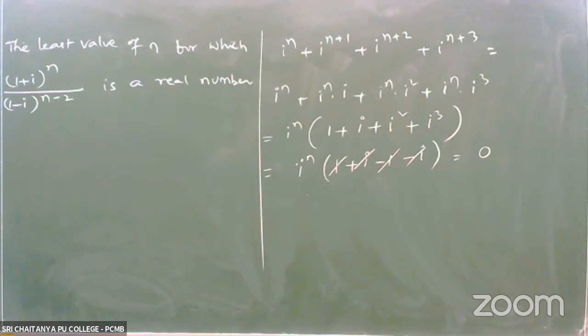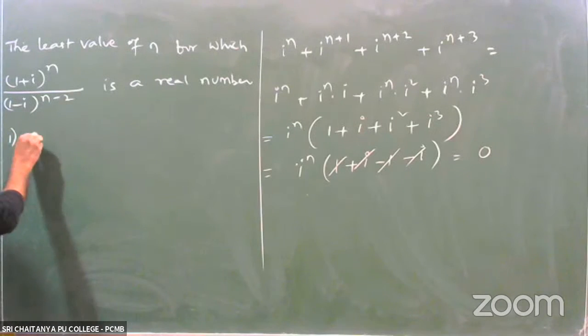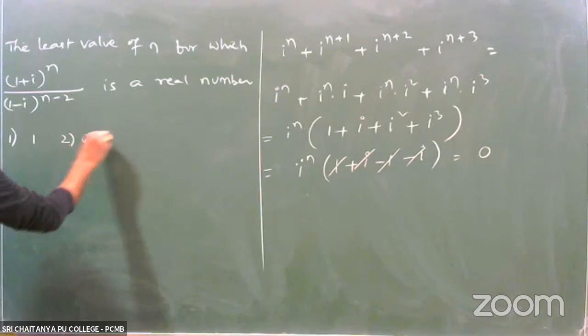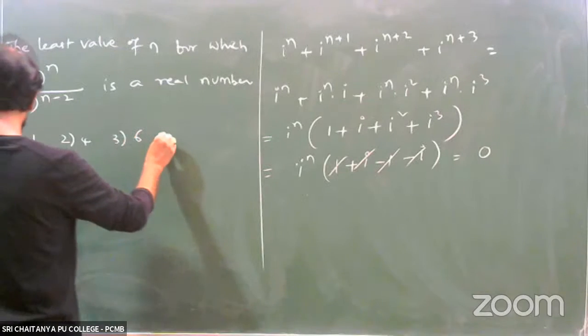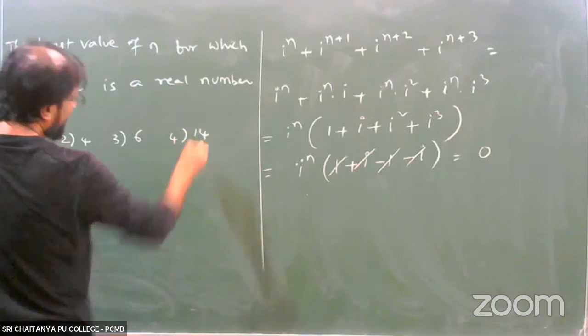It should be a real number. Of course, you can do this problem by using two methods. Let me go to the shortcut method by verification. First option is 1, second option is 4, third option is 6, fourth option is 14.